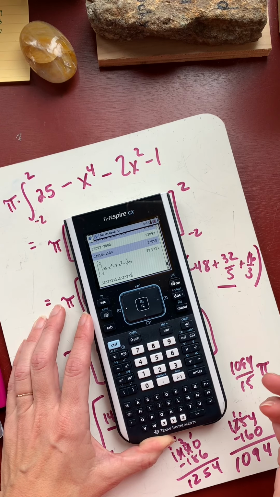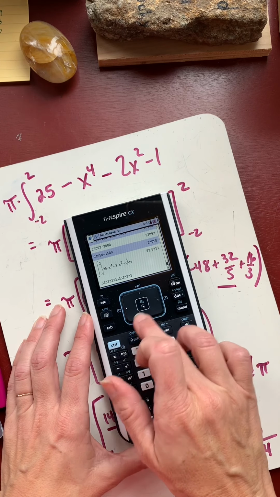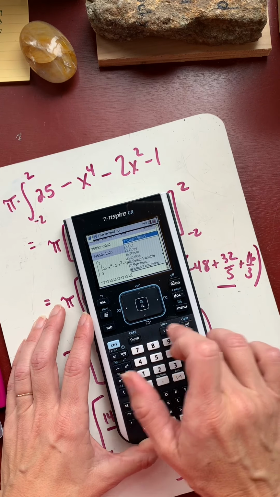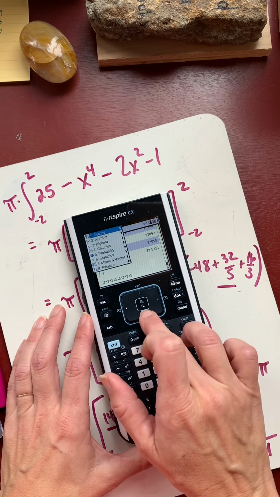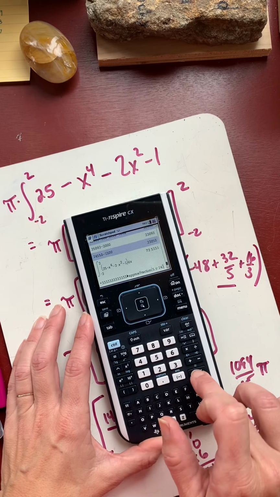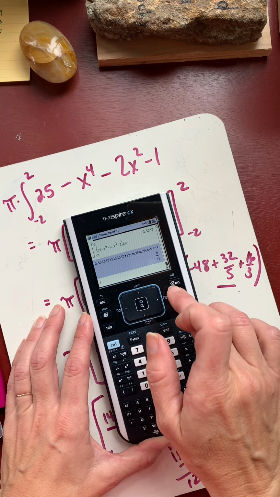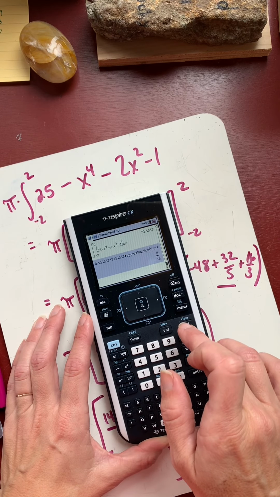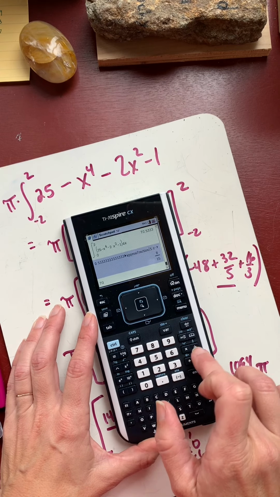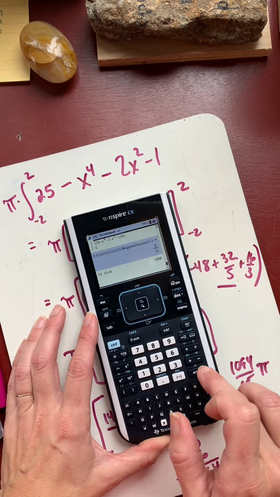This is a terrible lesson. Approximate to fraction, 8/15. Okay, so this was 72 and 8/15, so 1088/15.